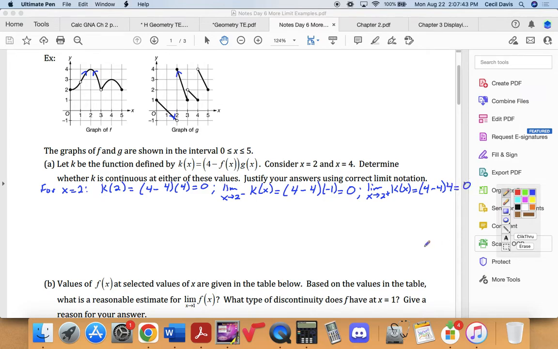But we've already showed that that's 0. So that means then that the limit as x approaches 2 of k of x is equal to 0, which is what we found for k of 2. So k is continuous at x equals 2.